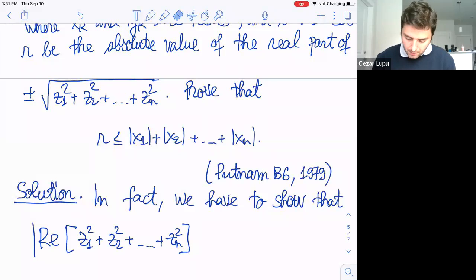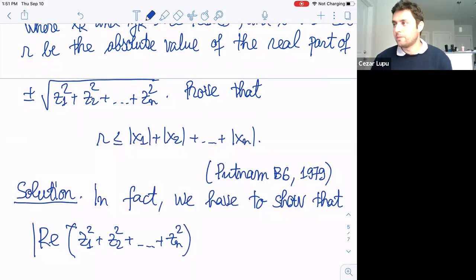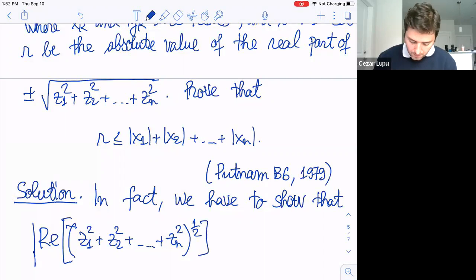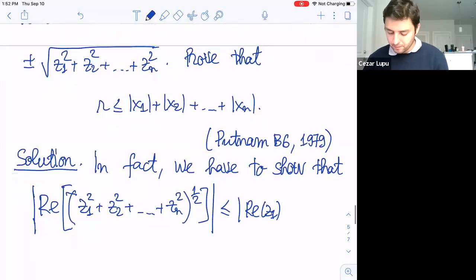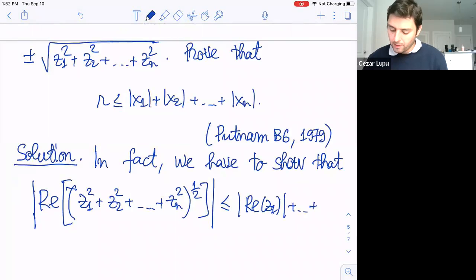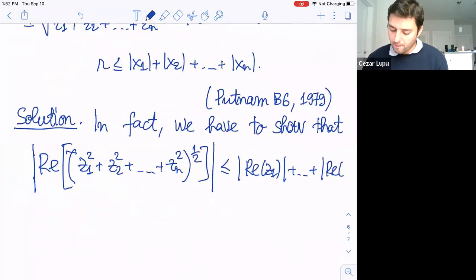You know what, let me write it in this way. The real part of this, to the 1/2, is less than or equal to the absolute value of the real part of z1 plus the absolute value of the real part of zn.